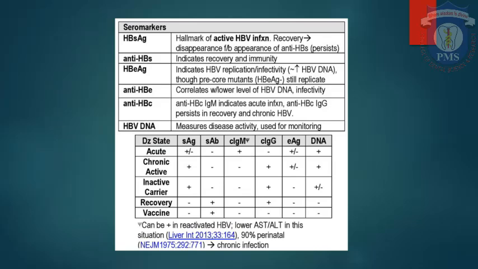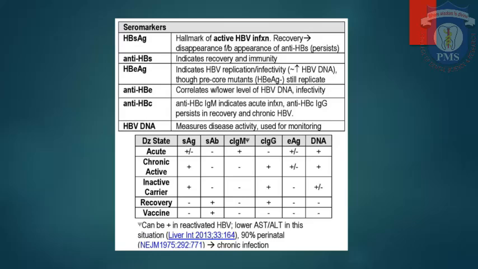So precore mutants still replicate. Next antibody marker is anti-HBe, which correlates with lower levels of hepatitis B virus DNA and infectivity. Anti-HBc IgM indicates acute infection, and anti-HBc IgG persists in recovery and chronic HBV infection.